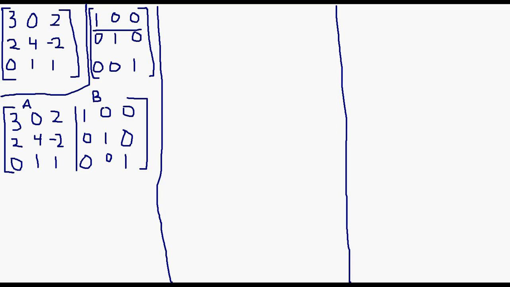So whenever we apply any operation on A, it will also affect the B. So in the process of changing A to look like 1 0 0, 0 1 0, 0 0 1, any final answer we get in B will become our inverse.